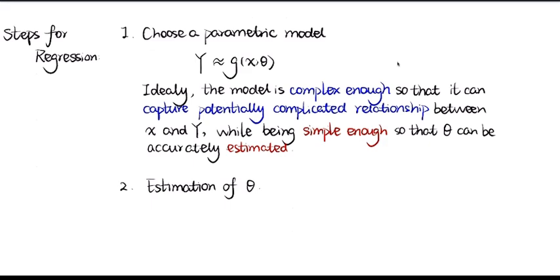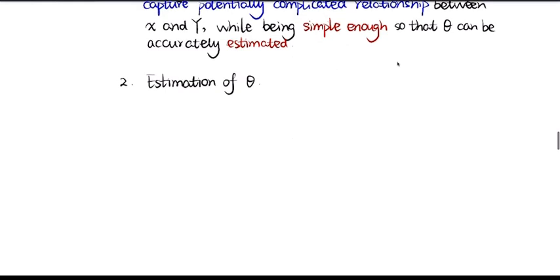Ideally, the model should be complex enough so that it can capture potentially complicated relationships between the variables under investigation. And it should also be simple enough so that theta can be accurately estimated. Because if your model is not simple, you are likely going to experience difficulty in estimating the parameters.